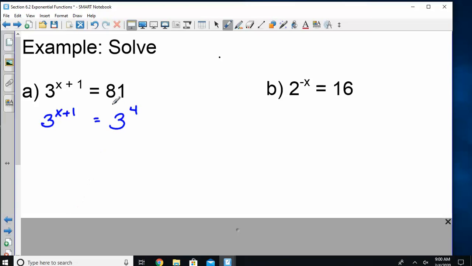So we rewrote the 81. Now I have the same base on each side, so I can drop the base and just say x plus 1 equals 4. Subtract the 1, so x equals 3.